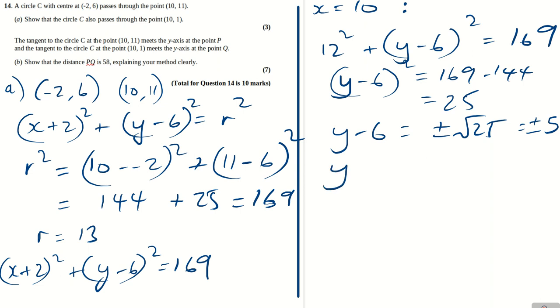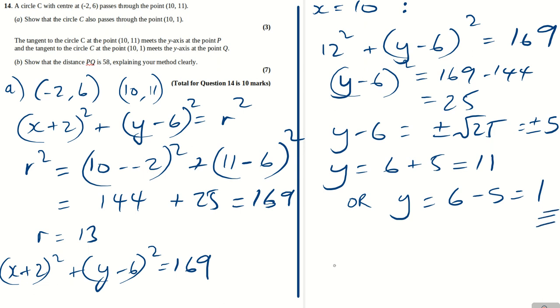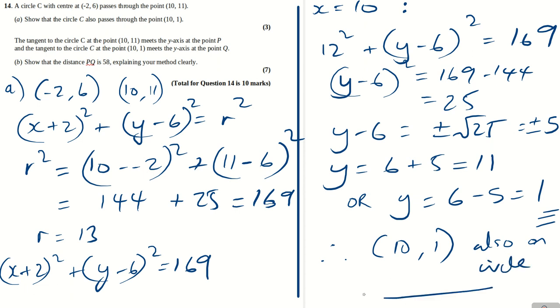So y equals 6 plus 5 equals 11, or y equals 6 minus 5, which equals 1. And then we've done it. Therefore, 10, 1 is also on the circle. Okay, that's done. Now, let's carry on. Part B.